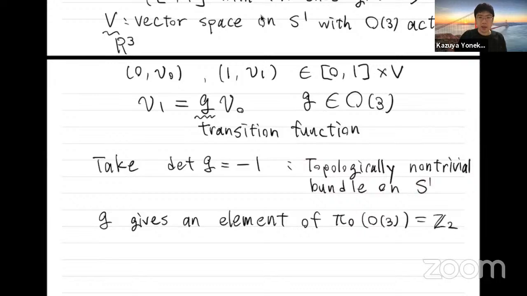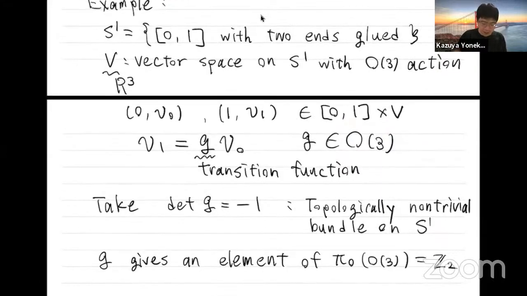So this is like a Möbius strip. It's not essential that this is O3. We can just consider O1. Then in the case of O1, this V is just a one-dimensional vector space. And then we can use as a transition function just -1.